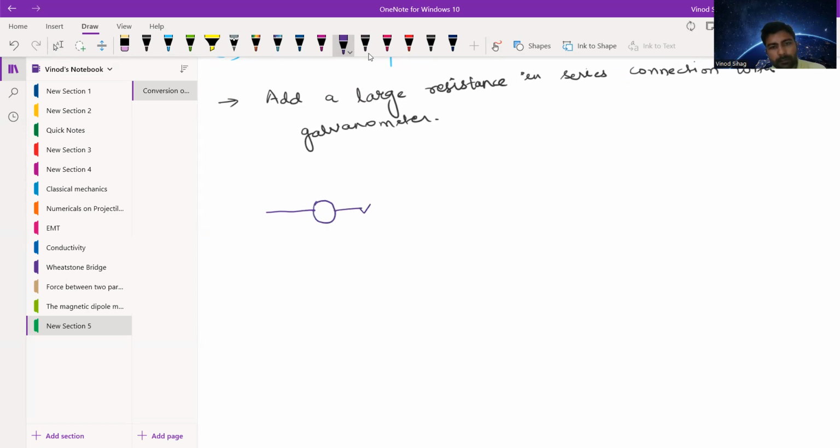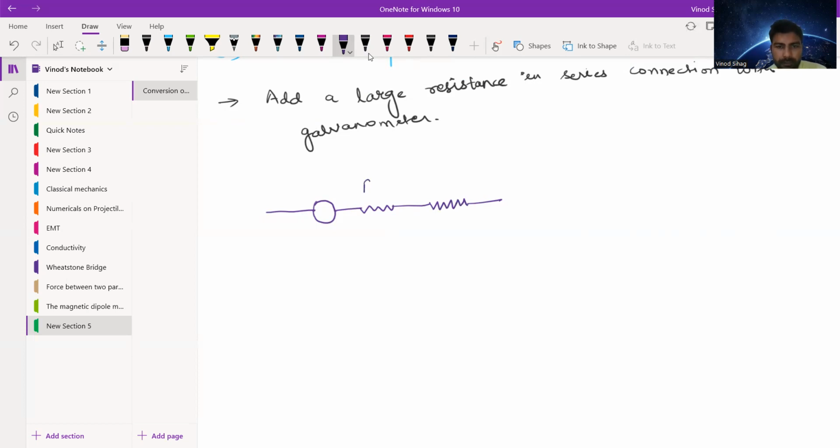This is the galvanometer up to this part. Now we have to connect one large resistance here.